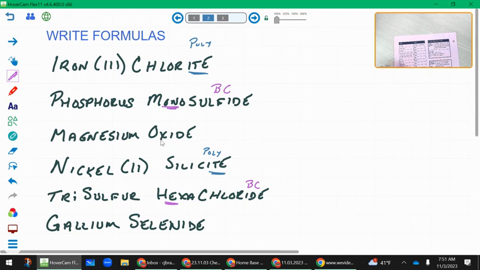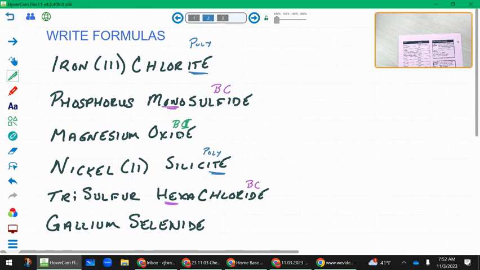Now, I do know that oxide is not on the back of my periodic table. The reason I'm checking that is because there are a few polyatomics that end in -ide. Since oxide is not on the back of my periodic table, that means this one here, at least, is going to be a binary ionic.